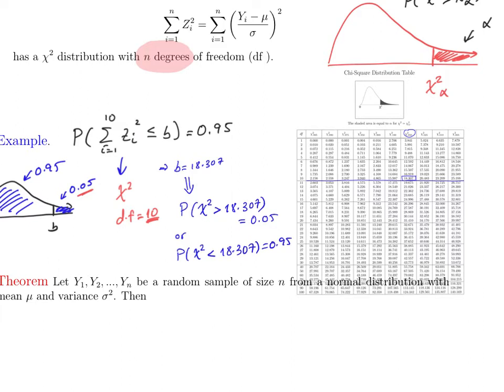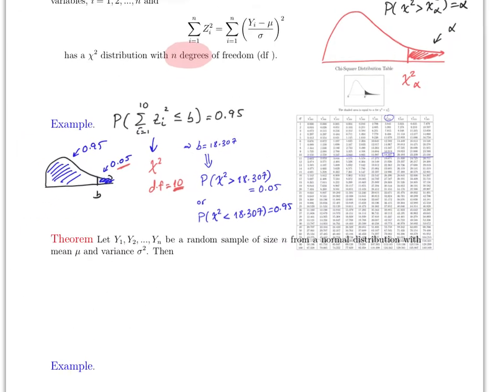Both of them are the same thing. The thing you have to be aware or careful of is that the table only will give you the area to the right. Now you can use a calculator like the TI-83 or 84 to find these values too.